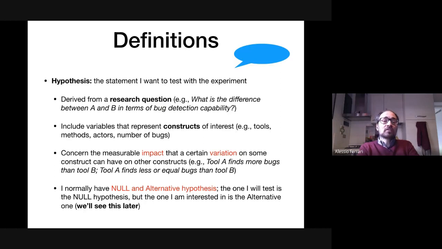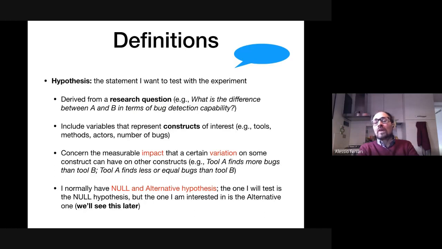And the hypothesis normally concerns the measurable impact that a certain variation of some construct can have on other constructs. Variation in input variables can have an effect on output variables. So variation of independent variables can have an effect on dependent variables.